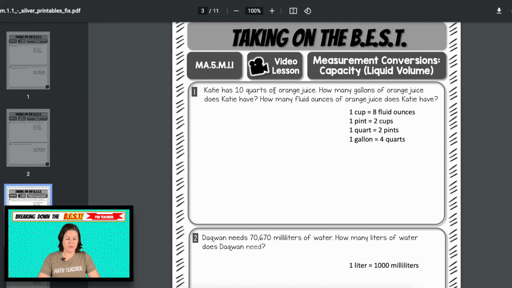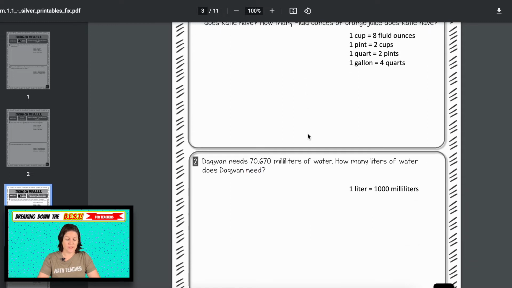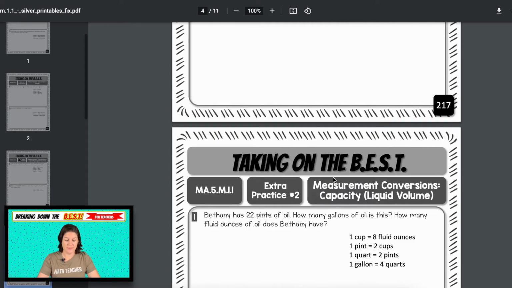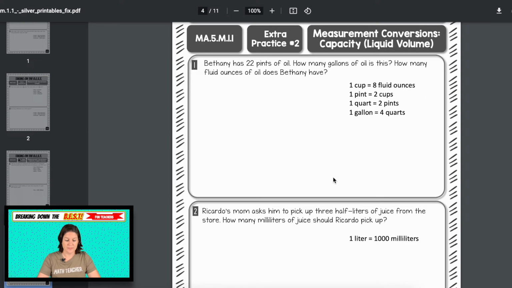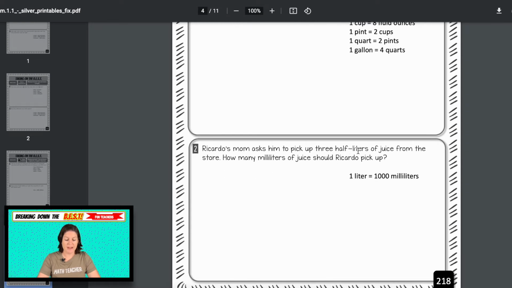Then we have another video lesson that's on the bronze page with liquid volume. We've got quarts being converted into gallons and converted into fluid ounces. Then we have milliliters that are converted into liters, using place value relationships here to model what that looks like. Another practice page. Pick up 3 half liters.